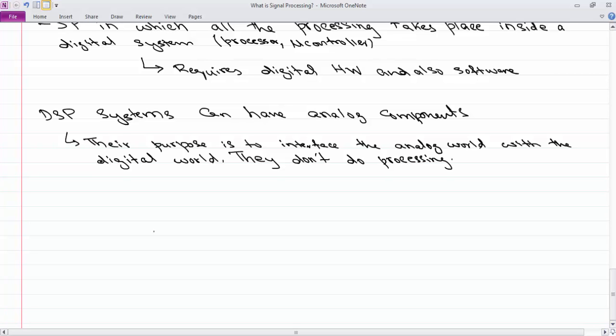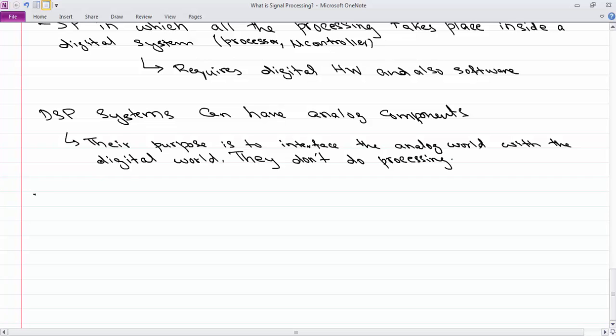And similarly, when you are ready to generate something out, for example, through speakers, you are doing the reverse of that. You are taking some digital data, converting it into analog so that you can hear it. That's again an analog component. But the purpose of these two components is to interface the digital and the analog world with each other. It's not to do processing. You can have hybrid processing systems where some processing happens in digital, some happens in analog. But when you talk about DSP, that specifically means all the processing is happening inside a processor, microcontroller, or whatever.